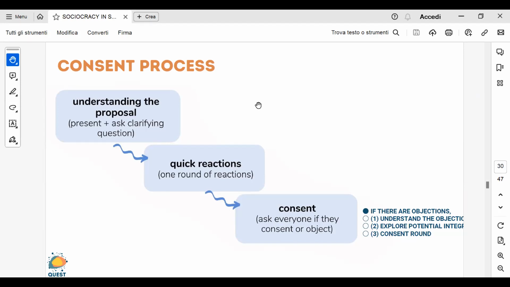So if there are objections, we need to understand the objection, explore a potential integration of the objection, and then finally, if we can integrate the objection, we do another consent round.